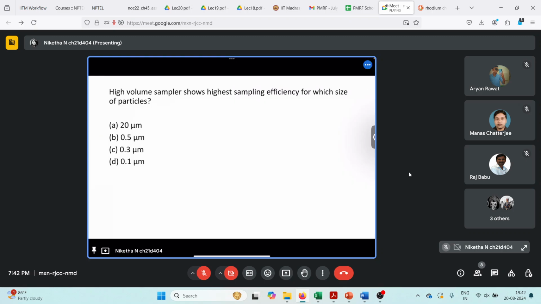Okay, next question. High volume sampler shows the highest sample efficiency for which size of particles? Any answers?